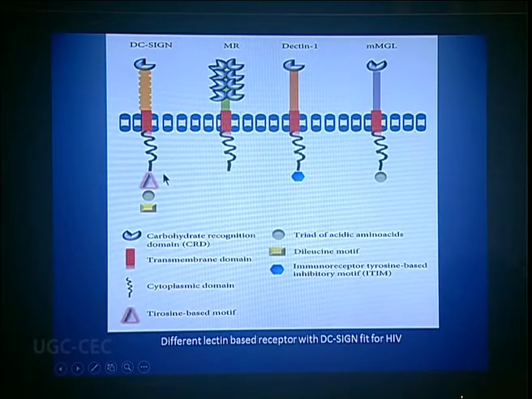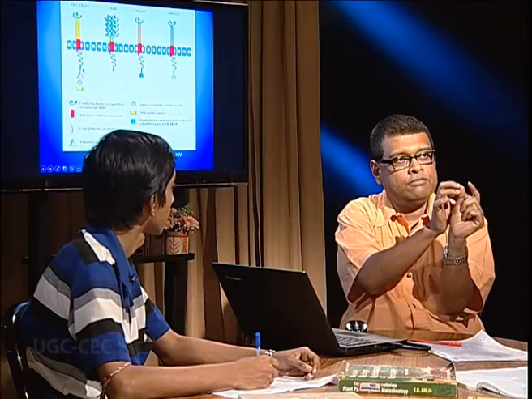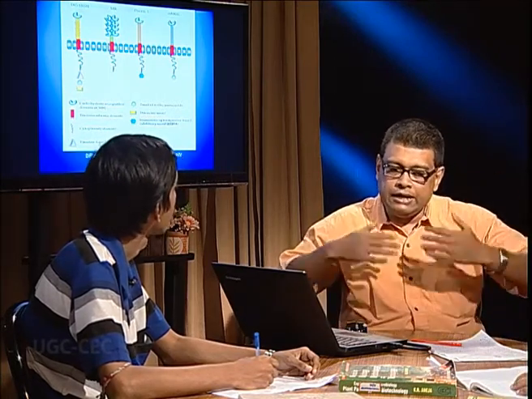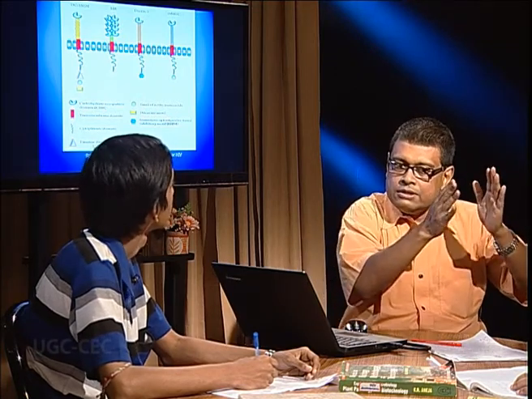Particularly, it becomes successful when there is a tyrosine-based motif at the base of the lectin receptor. So that means this tropism is further enriched not only in CD4 or CCR5 cells, but in a separate group of cells having the lectin receptor. So that means what? The infectivity increases for HIV.